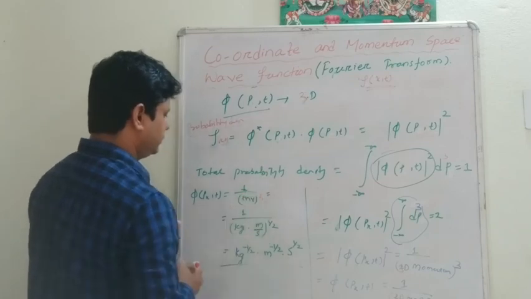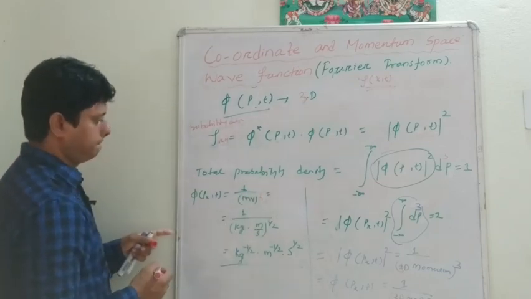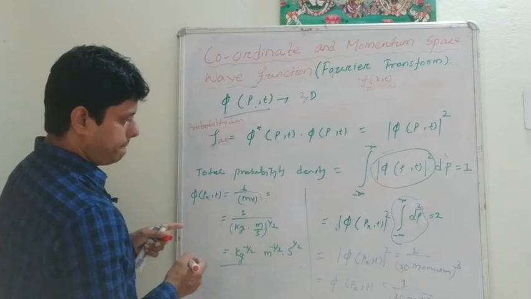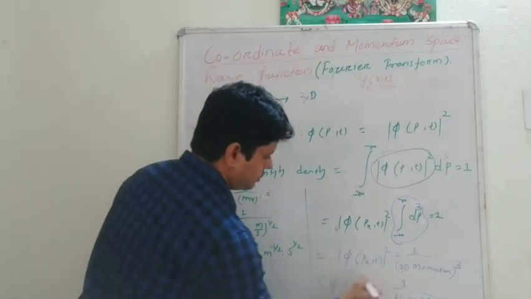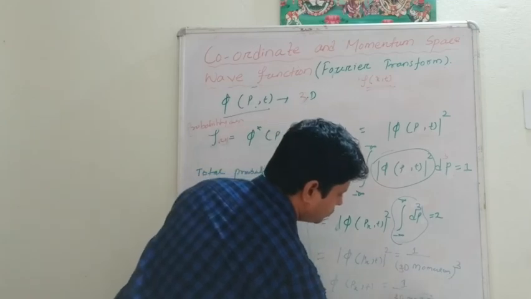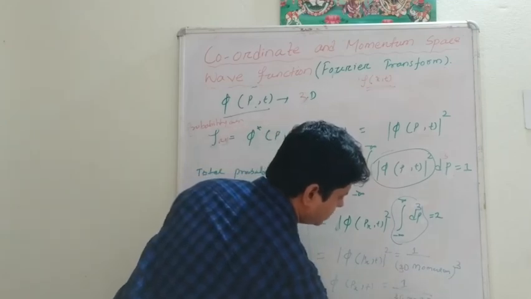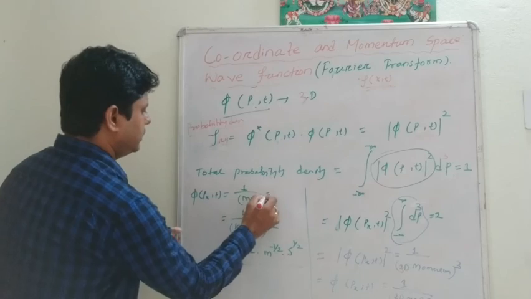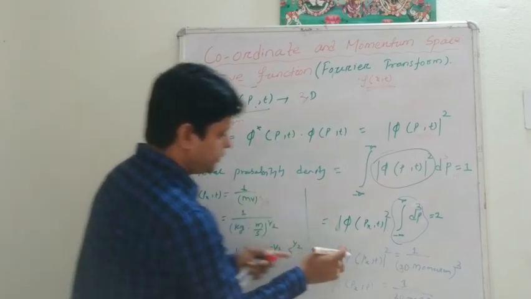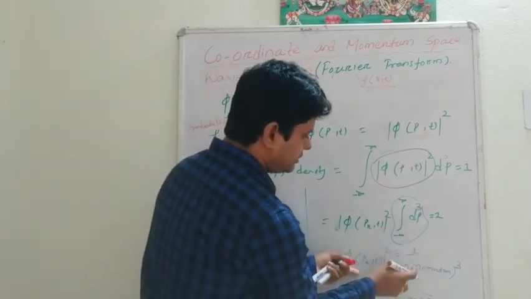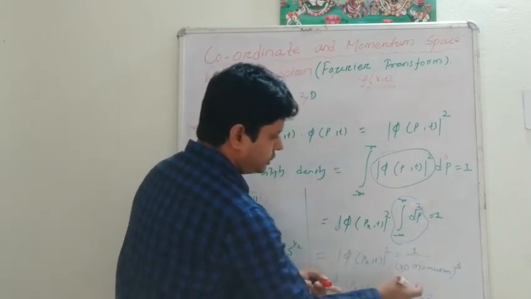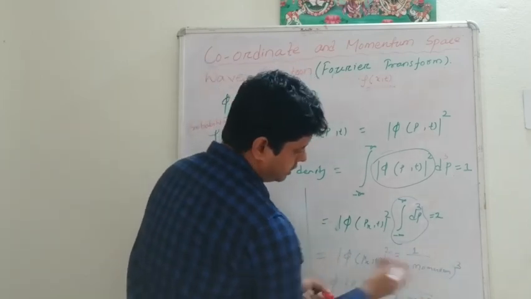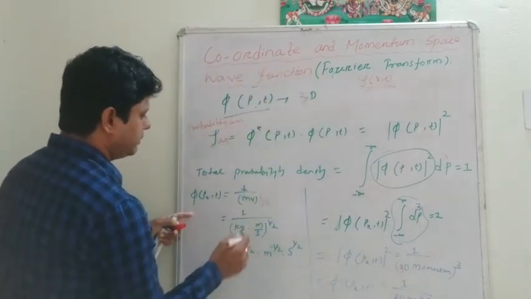Here, to the power root means to the power 3 by 2. See, |phi(p, t)|² will be 1 by 3D momentum cubed, so phi(p, t) will be 3D momentum to the power root, which means to the power 3 by 2.